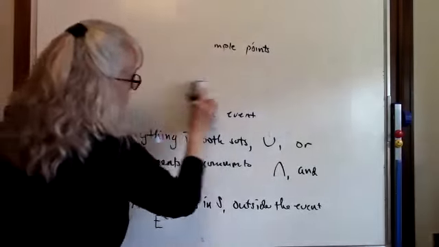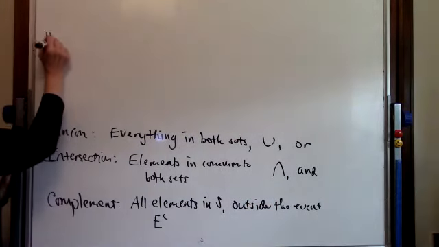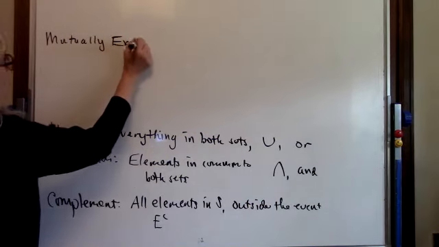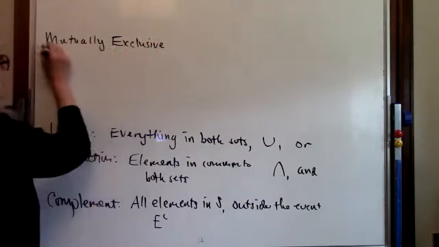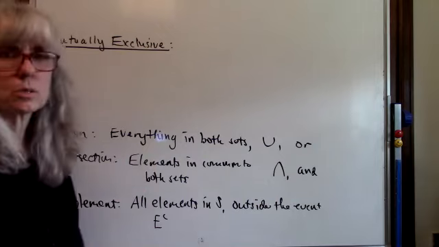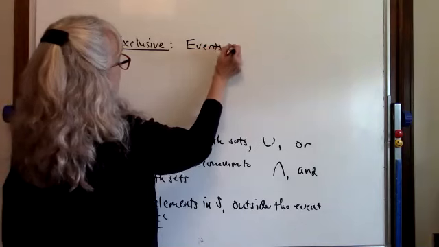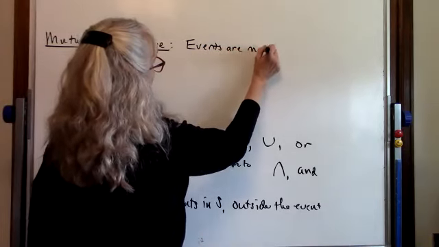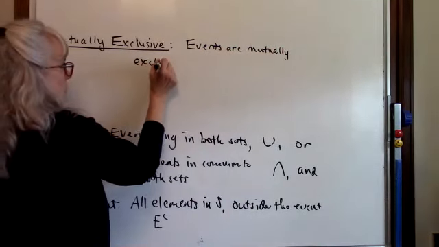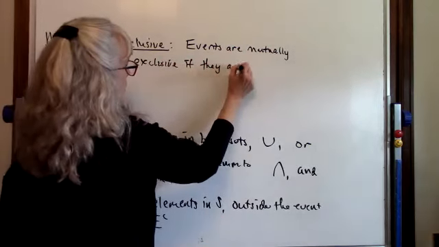Okay, and the last vocabulary term we need is new to us. Mutually exclusive. If two events are mutually exclusive, they're disjoint.